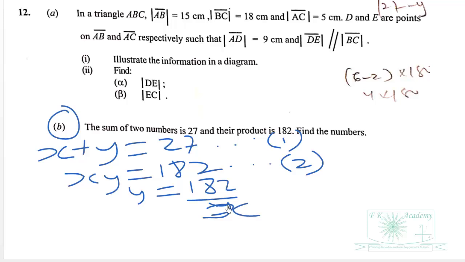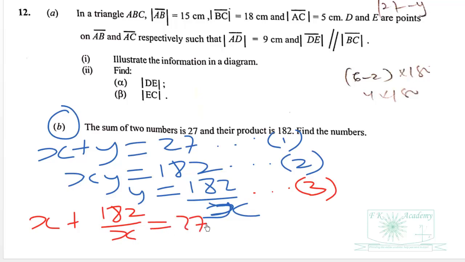y equals 182 over x. So we just substitute y equals 182 over x into equation 1. We have x plus 182 over x equal to 27. Multiplying through by x, we get x squared plus 182 is equal to 27x.